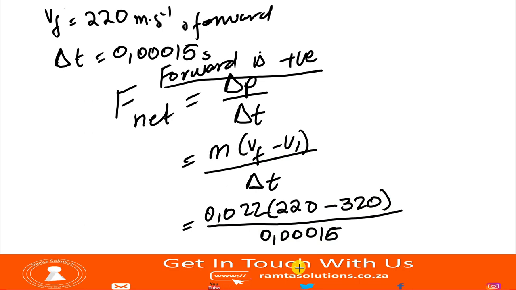My calculator says 0.022 times negative 100, all over 0.00015.